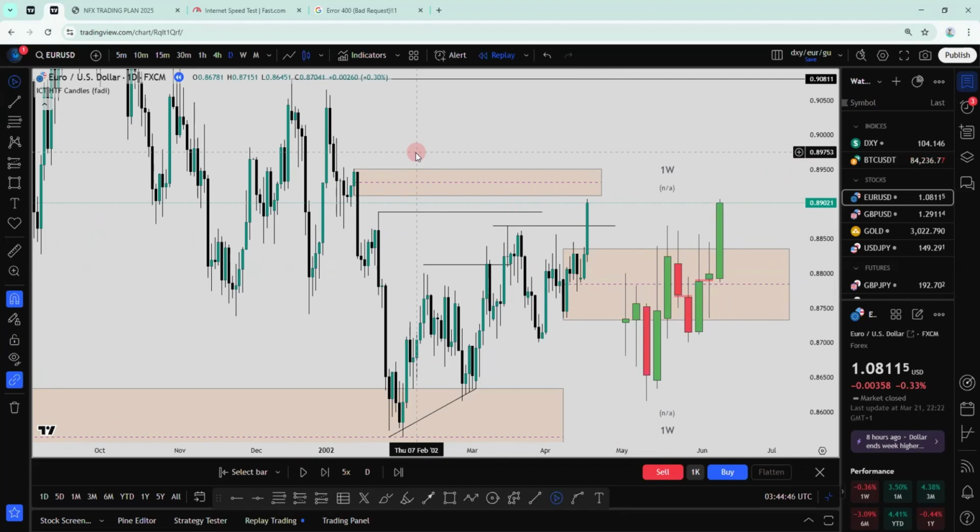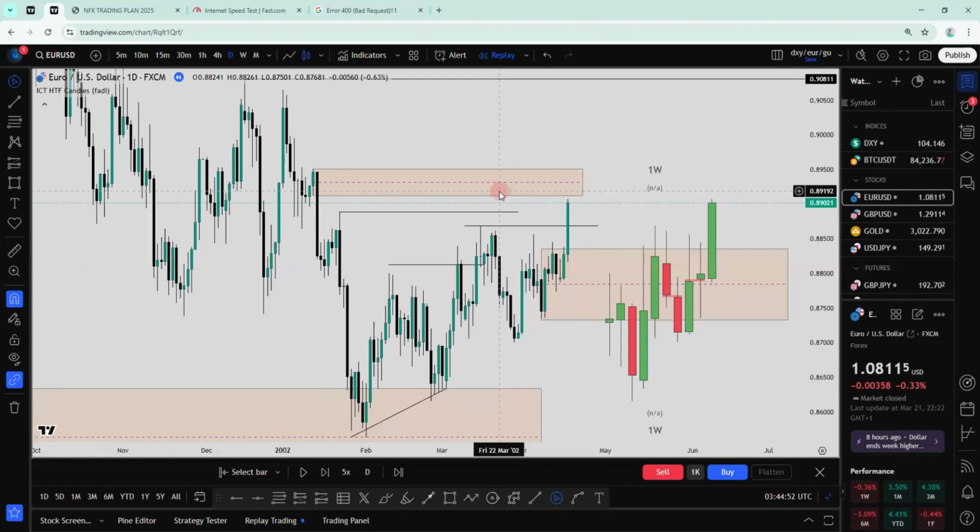So let's see what happens around that particular other block from here. Maybe on the lower time frame, but I think it's a good area to wait for the market to give us some entry confirmations for a short sell, right?